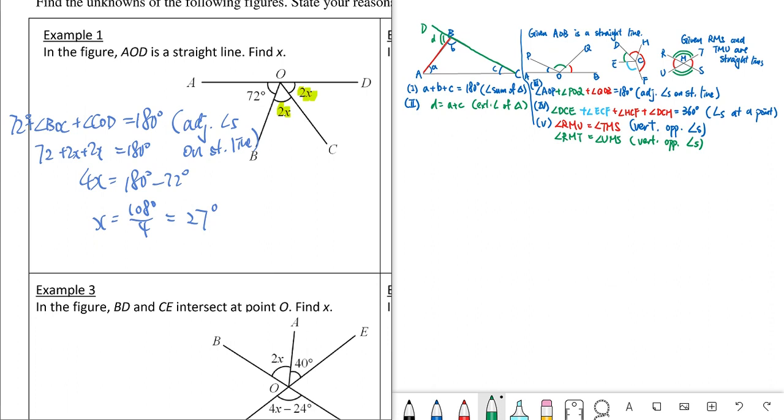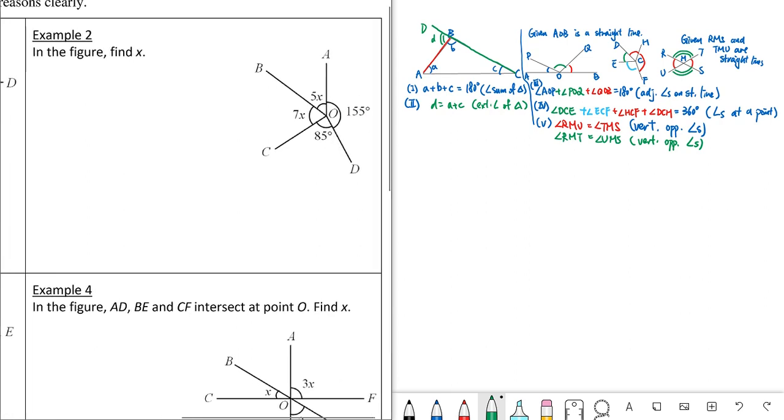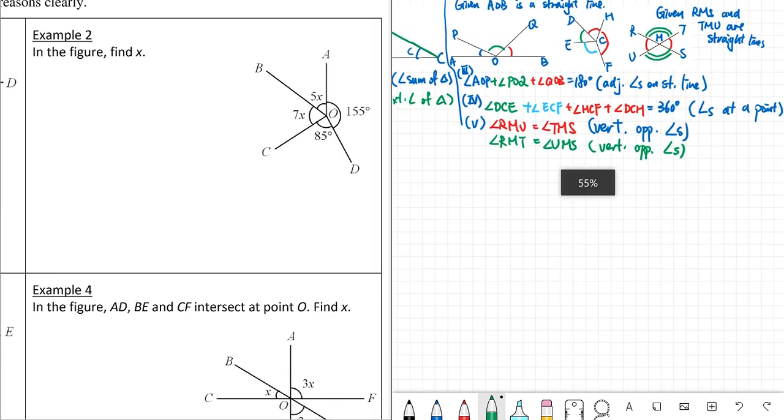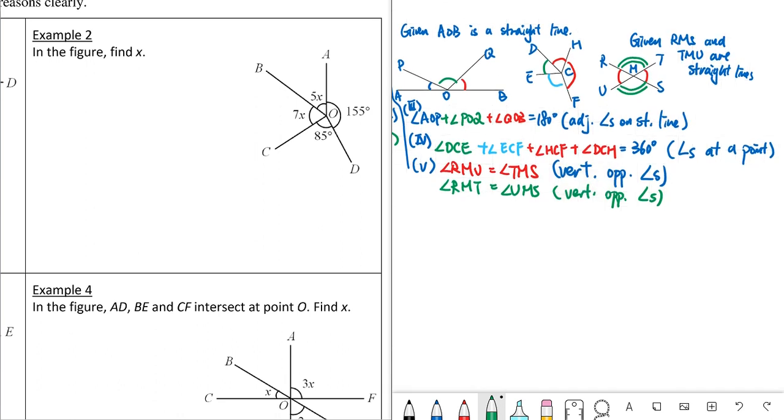Okay, then we go to the second example, that is example 2. Maybe I have a closer look at the new property first. And then the next one, in the figure we want to find x.